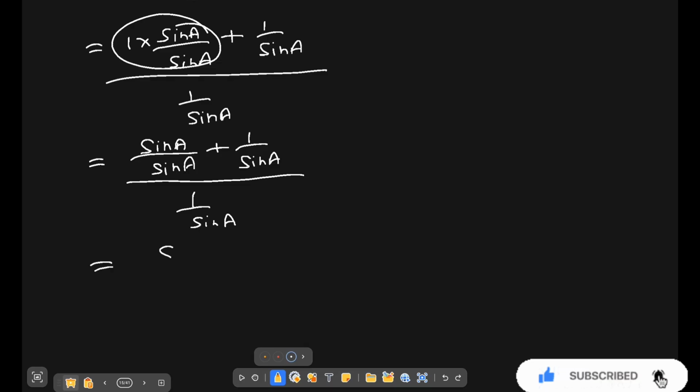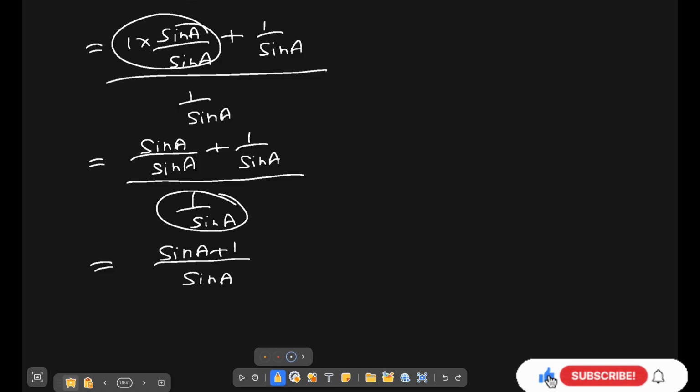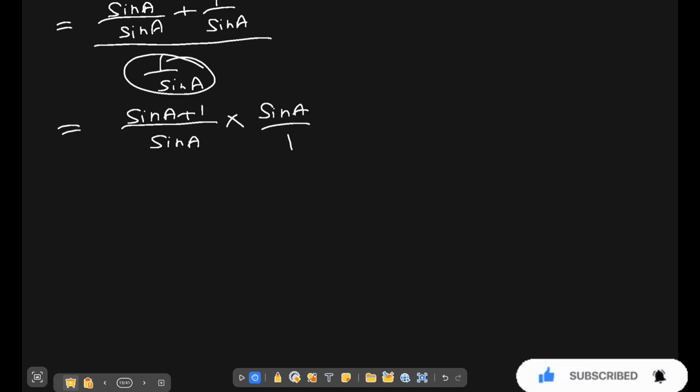So you'll get (sin A + 1) / sin A. Now the reciprocal of this is sin A / 1. Here sin A cancels.